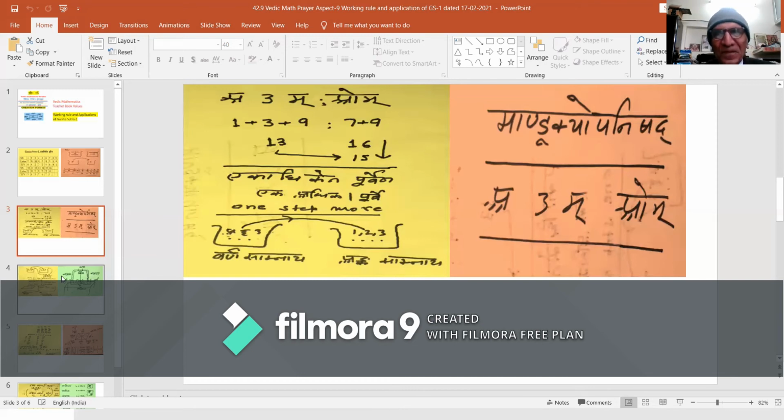See what has been achieved. A, U, Ma together give us 1 plus 3 plus 9 is equal to 13, and O, 7 plus 9, gives us 16. See, there are 16 sutras and 13 upsutras.